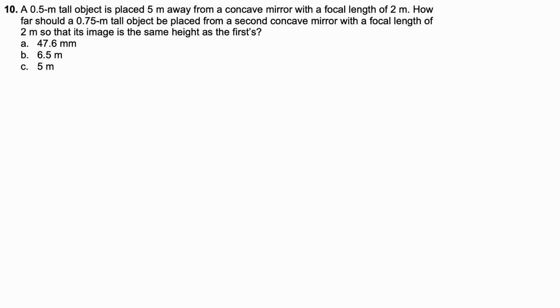And we need to know how far we need to place a 0.75 meter object, a second object, from another mirror that has the same focal length as the previous one, but now gonna have the same height of the image. So here what we're gonna work with is the imaging equation and then with the height.